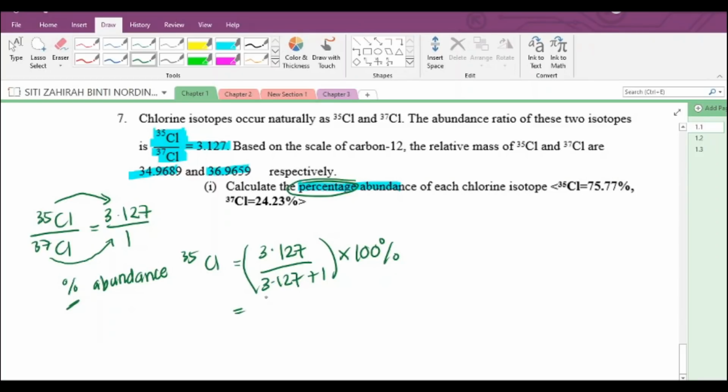So that would be 75.77%. Next, you're going to figure out the percentage abundance of 37 Cl and answer part B as well.